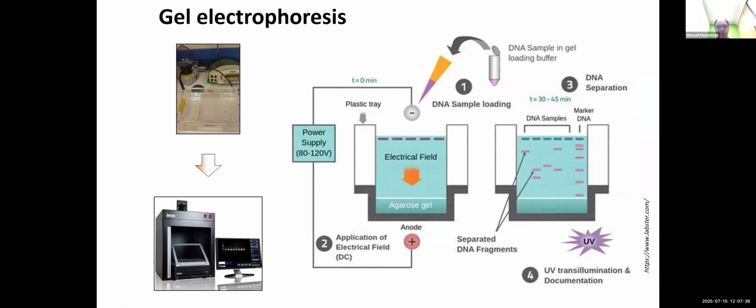For the final results, this is the gel electrophoresis that we used in this project, where we have this agarose gel connected to the positive and negative of a power supply, and DNA pieces can move inside that electric field, right?